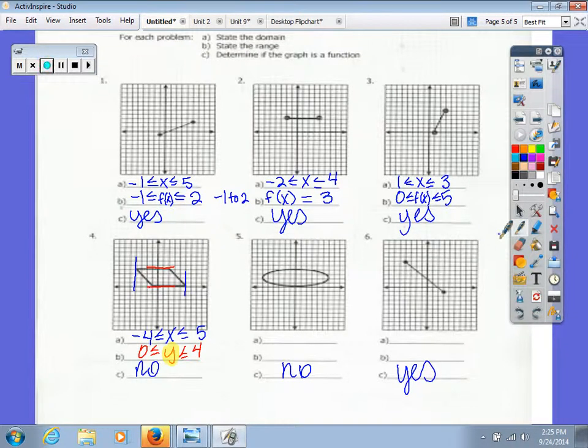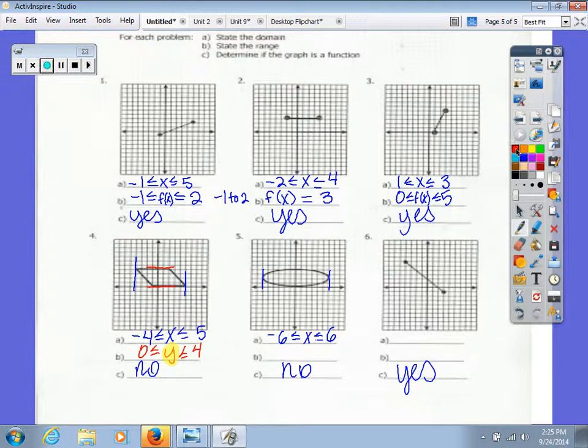Okay, I'm going to keep going on with the color thing. Maybe that's helping some people out. All right. So from the colors, my domain, I'm going left to right, correct? Or you can turn your pencil straight up and down. So coming from the left, what's the first? -6. Very good. What's the last x that you see? 6. Very good.